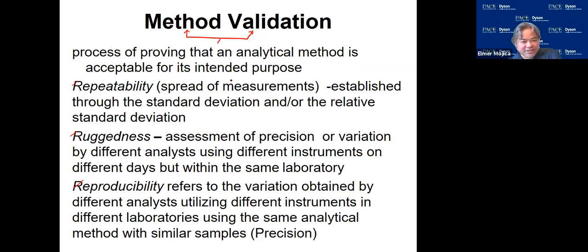Repeatability is just the spread of measurements, and it's established through the standard deviation. What does it mean? As much as possible, when you do it repeatedly, the data that you have are close to one another. Ruggedness is the assessment of precision or variation by different analysts using different instruments on different days, but within the same laboratory.